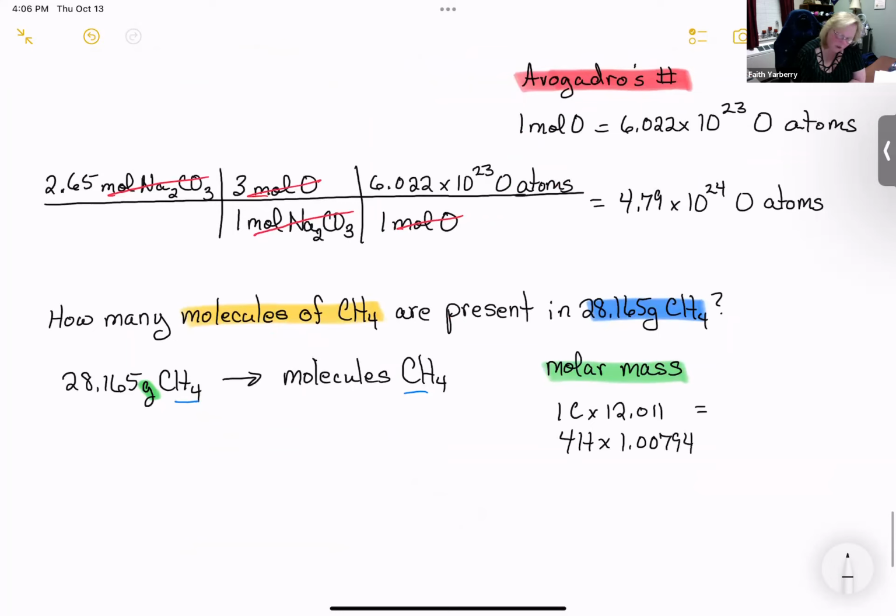The carbon contributes 12.011 to the overall structure, and the hydrogens 4.03176, for a total of 16.04276 grams of methane is equal to 1 mole of methane.